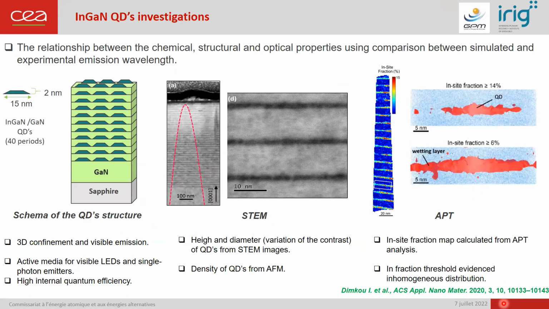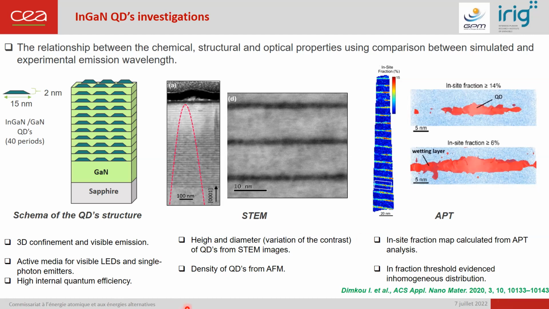That's why, on the platform for nano characterization at CIRE Grenoble, we have developed a methodology to correlate chemical, structural, and optical properties of this kind of features using the direct comparison between simulated and experimental emission wavelengths.